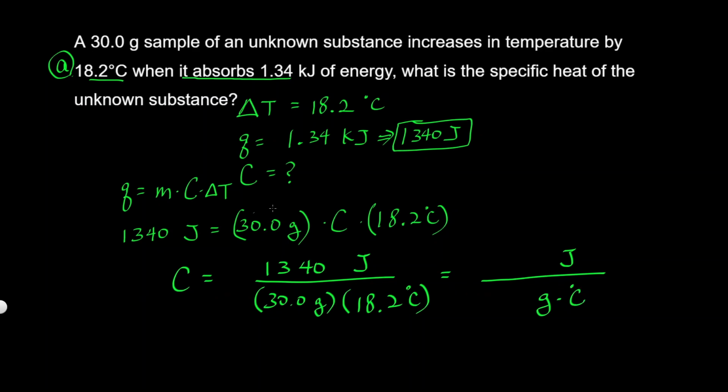That's the unit for specific heat. All we need to do is divide using our calculator. With 3 sig figs, it's going to be 2.45 joules over grams over Celsius. That's our specific heat. Okay, so knowing that, let's go ahead and do part B.